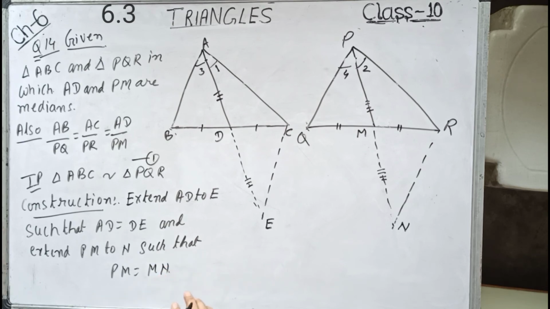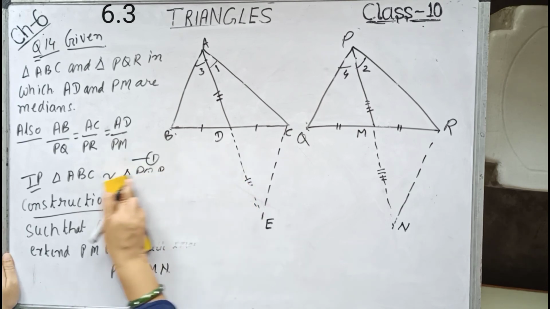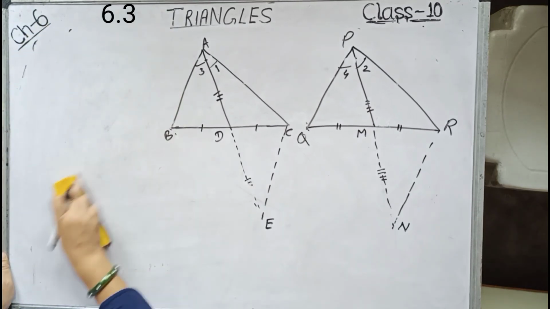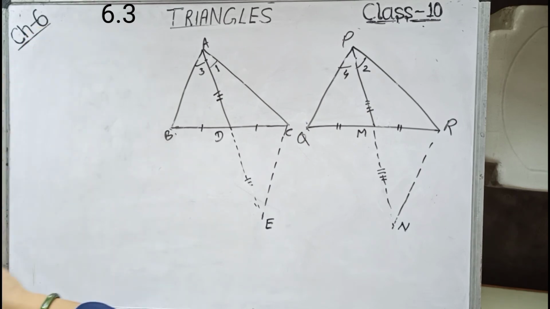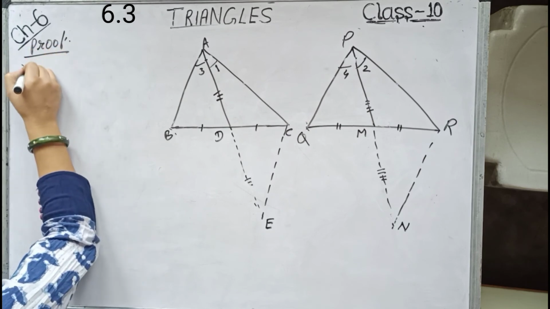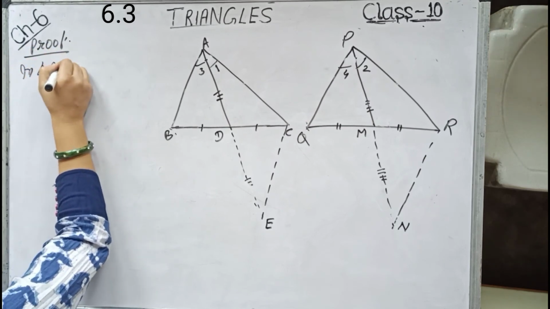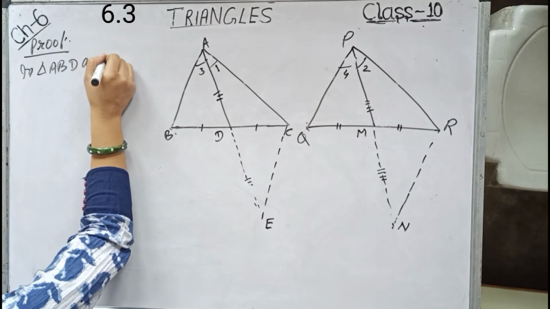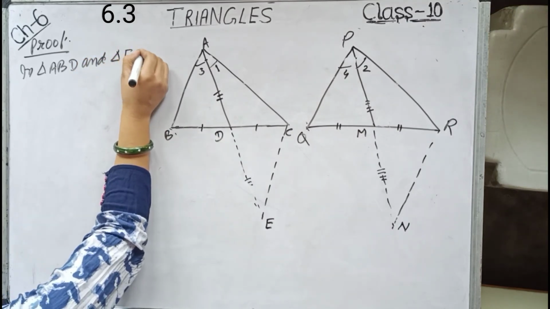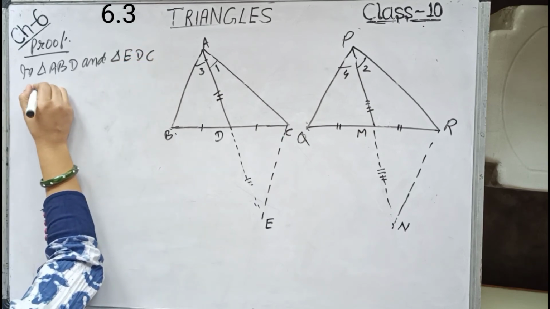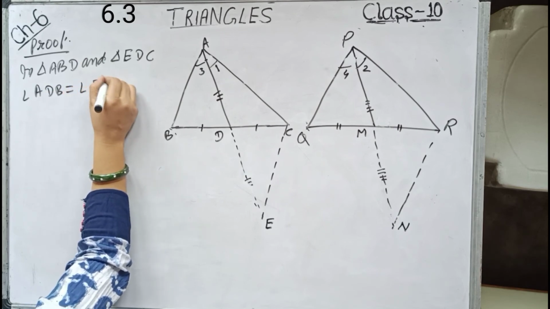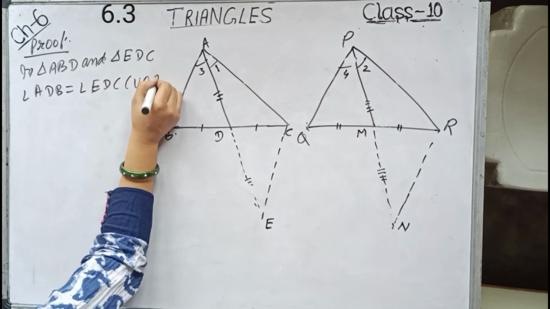Now, proving part. Proof. In triangle ABD and triangle EDC, angle ADB equals angle EDC, vertically opposite angles.